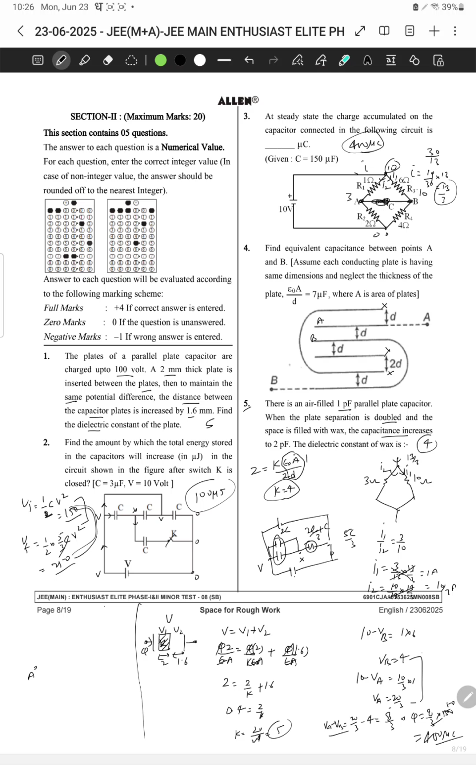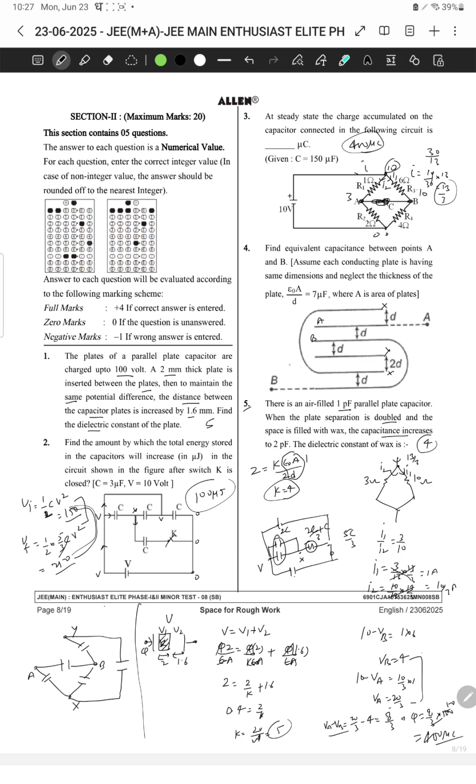So let's see how we can draw A, Y, B. This is Y, this is B, this is X. Between X and A, there's one capacitor. Between A and B, there's one capacitor. B and Y, there's one capacitor. Y and X, there's one capacitor. And X and B, there's one capacitor.